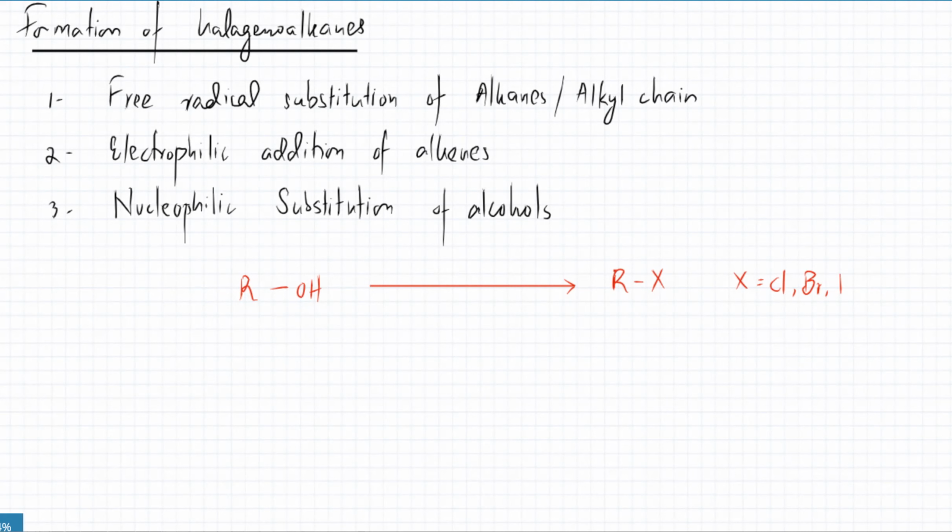Number one, you can heat it with HX plus heat. Remember, X over here represents HCl, HBr, HI. So you can heat it with HCl, HBr, or HI. The required halogen will displace the OH ion or substitute it.